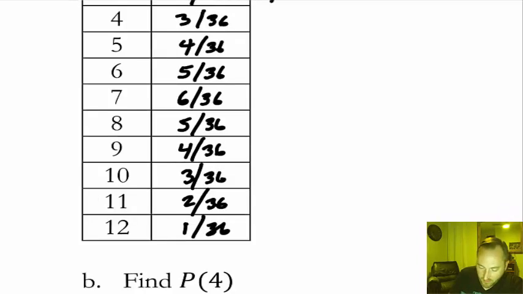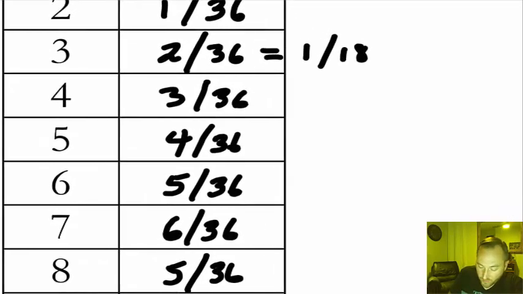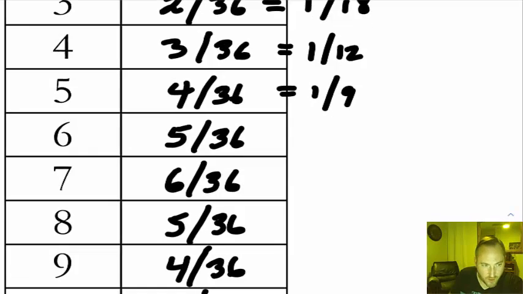If we went ahead and simplified these, we could. Like here for the 3 out of 36, that would be the same as 1 12th, dividing those by 3. 4 out of 36 is the same as 1 9th. 5 out of 36 doesn't simplify, but 6 out of 36 does, so that would be the same as 1 6th.